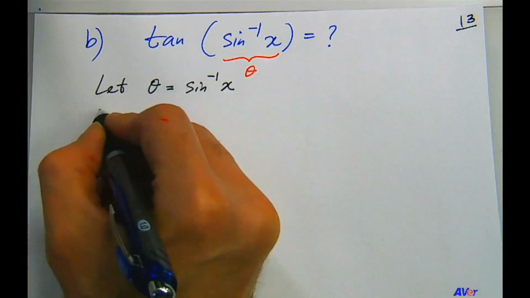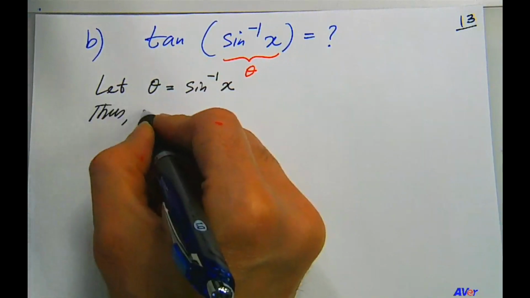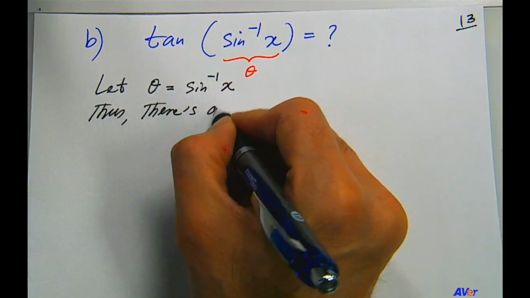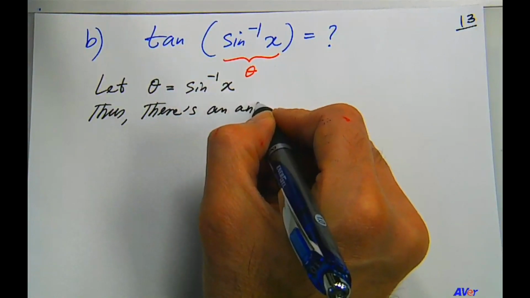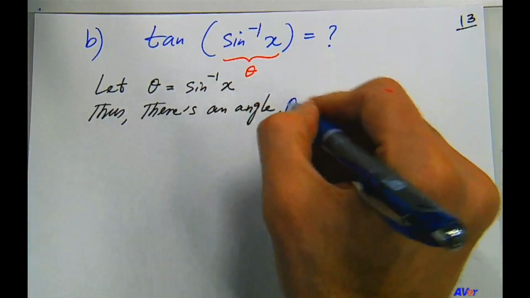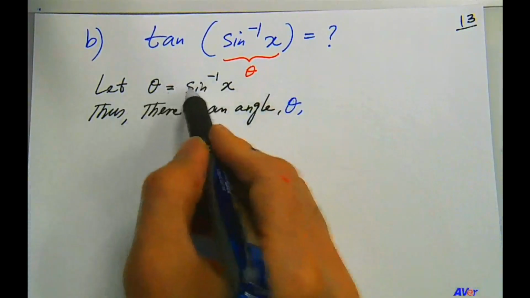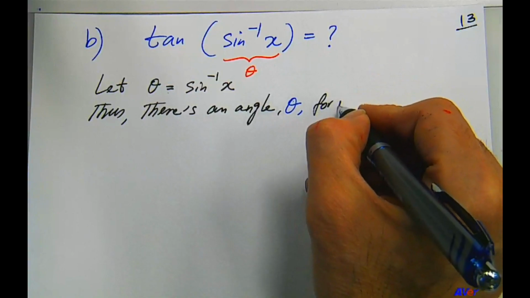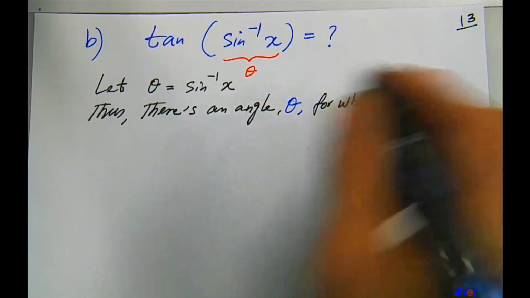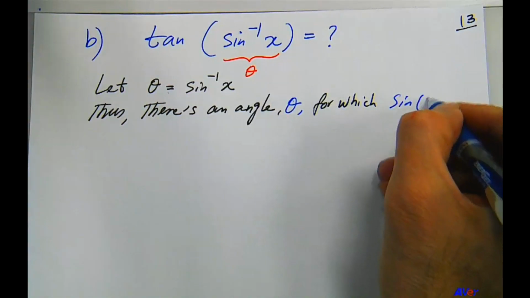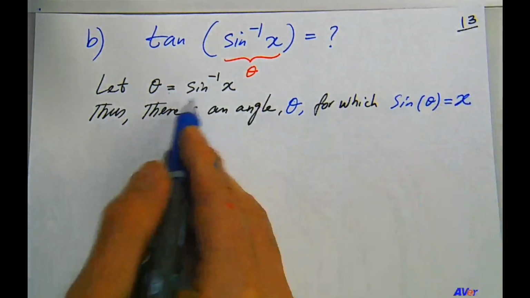So if this is true, then we must have an angle theta for which sine of theta would be equal to x.